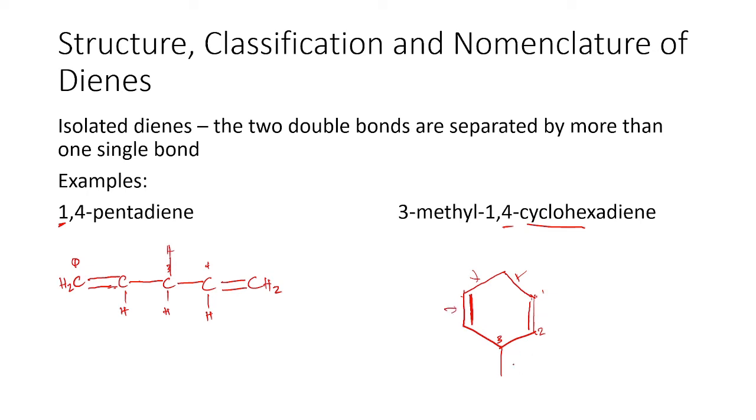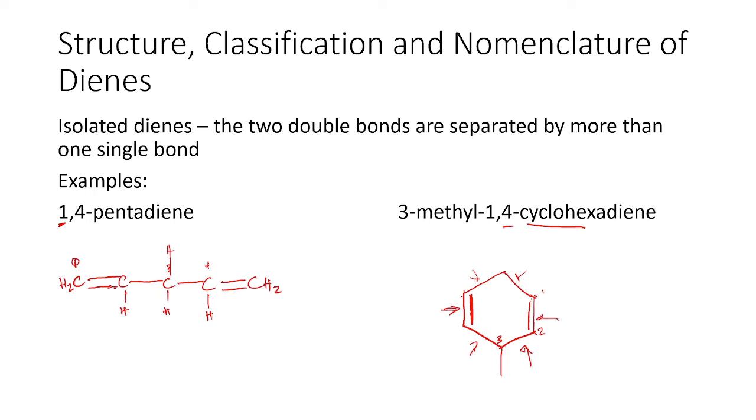The other way around, it's the same. So we have double bond, single bond, then our double bond. So this compound is an isolated diene. For the last one, we have the alternating, between double bond.